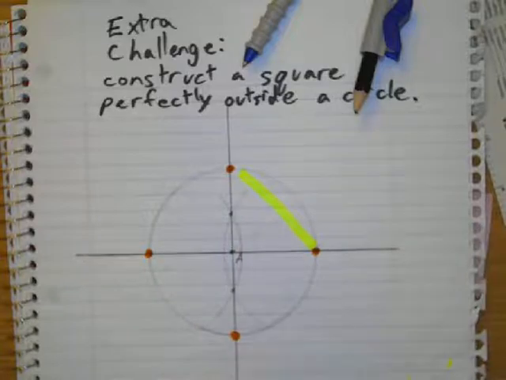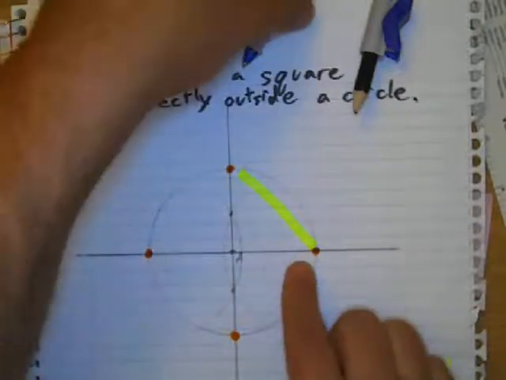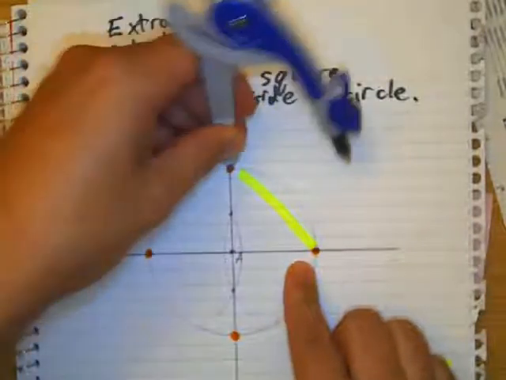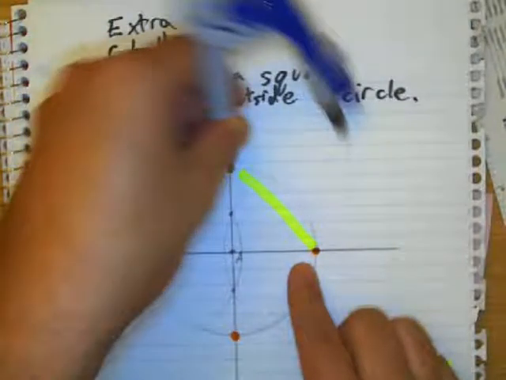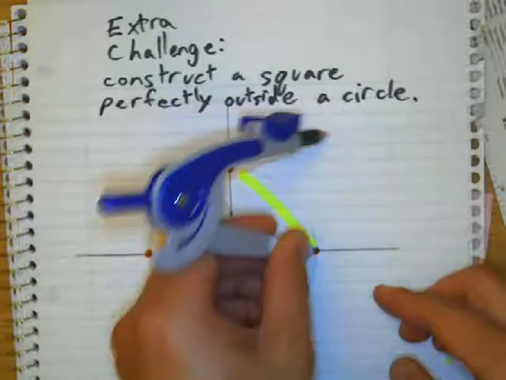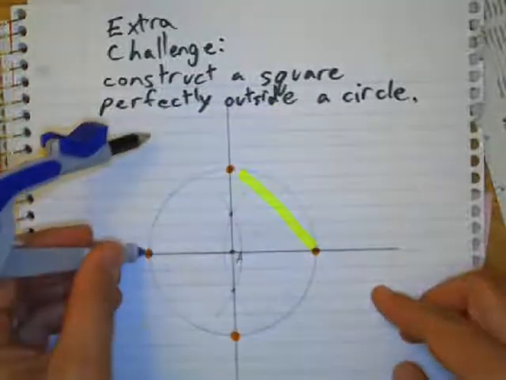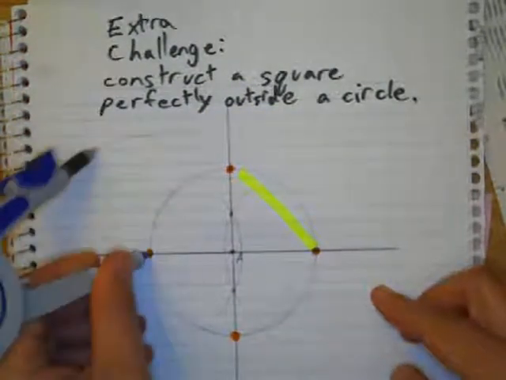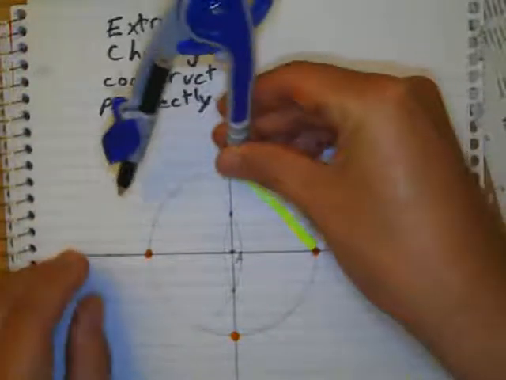I'm using this yellow length, and I'm going to go to the orange dot and make an arc here, and from this orange dot I'm going to make an arc here. From this orange dot I'm going to make an arc here. From this orange dot, an arc here.